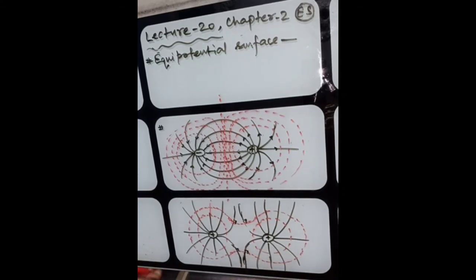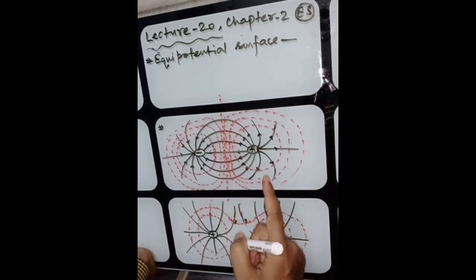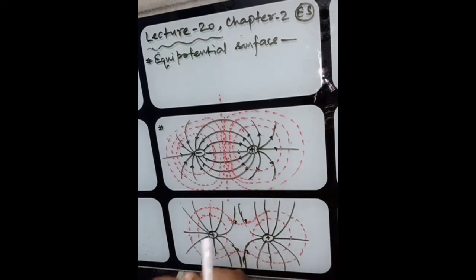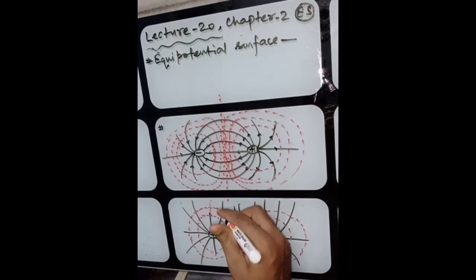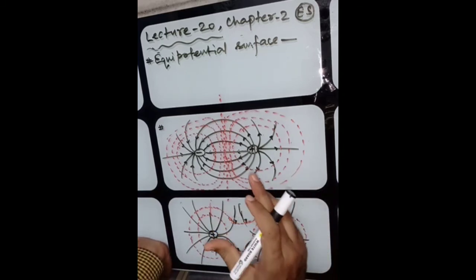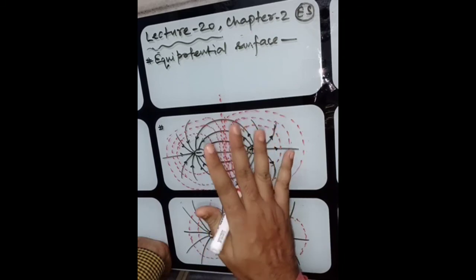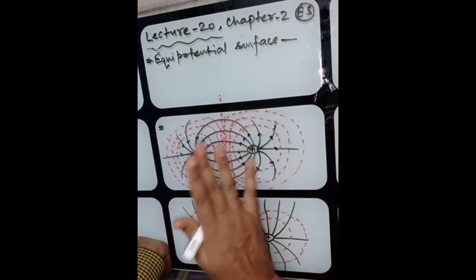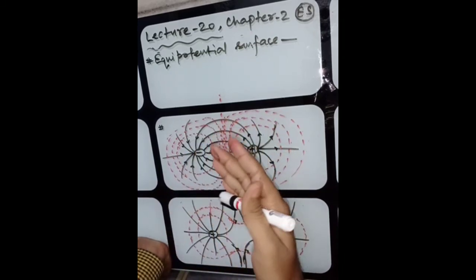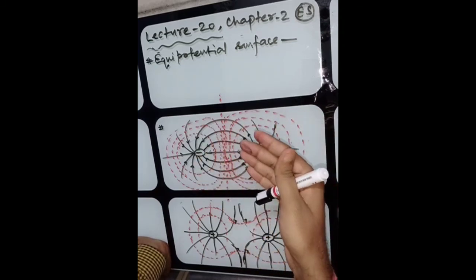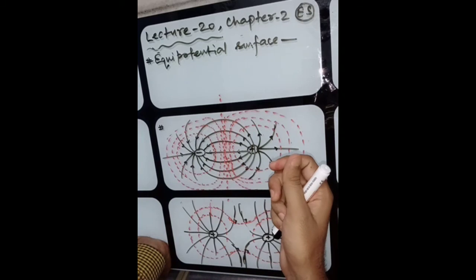So the equipotential surface is always perpendicular to the electric field lines, student. Those are the important points. Remember, the electric field is perpendicular to the equipotential surface, and equipotential surfaces never intersect each other. These are the important points of the equipotential surface, and many more you can get in NCERT. So this is all about the 2D lecture, my dear students.